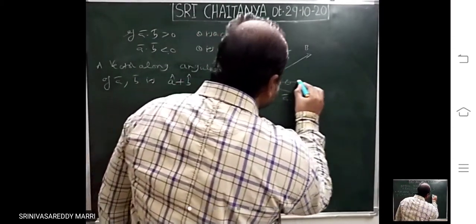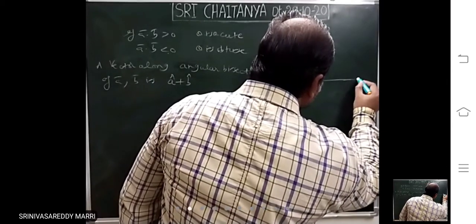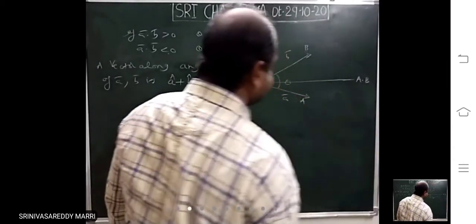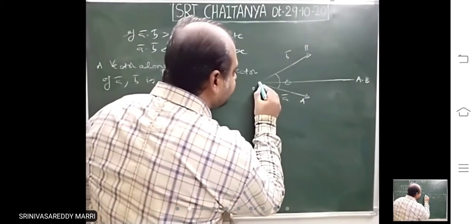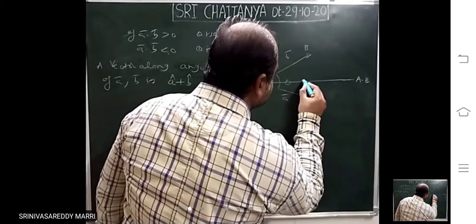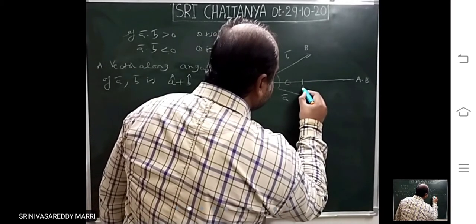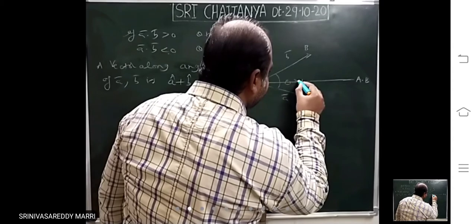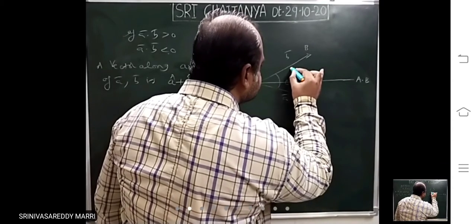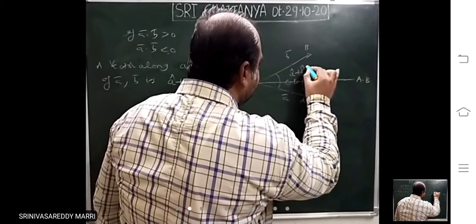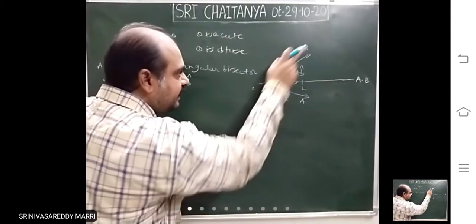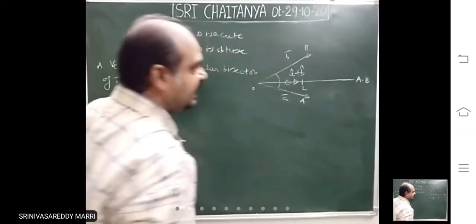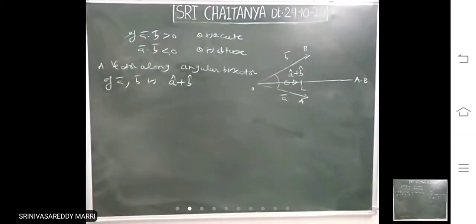This is the line which bisects that angle. This is the angular bisector. Along this line one vector we have calculated also. In the notes you see, one vector in this direction is a cap plus b cap. If a bar is like this and b bar is like this, along the angular bisector one vector is a cap plus b cap. Remember this.